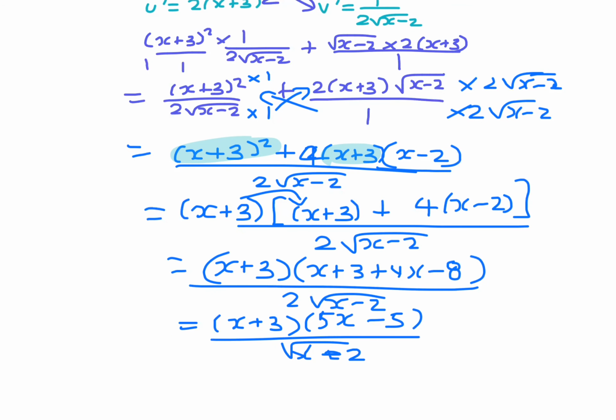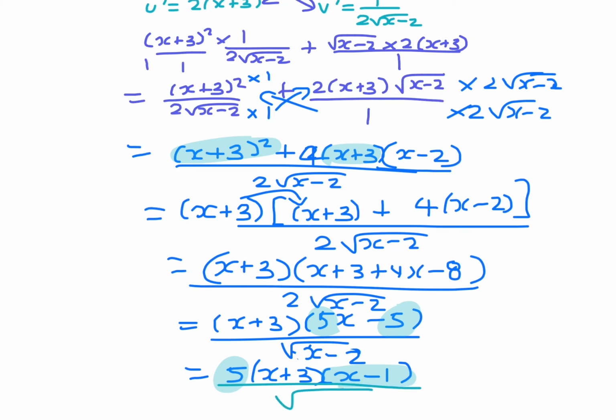And if you really wanted to, there is another common factor of 5 there, so you go 5(x − 1), because all that I've done there is taken the 5 out from this one. See that 5 and that 5, it's common, and I put it out the front, and what we have left is just (x − 1), and we just keep the same denominator, which is 2 root (x − 2).